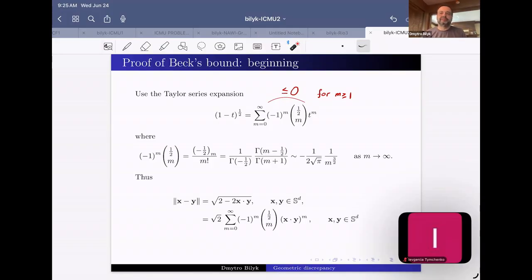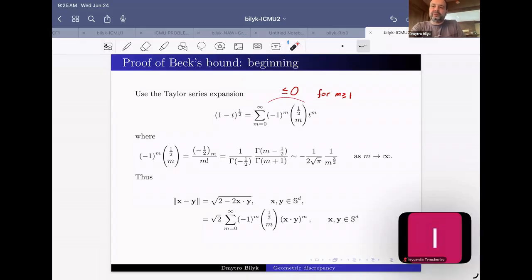All of the coefficients in front of powers of t are going to be non-positive. It's very easy to check. I'm not going to do it. You can probably see it right away. If it were 1 plus t, they would be sign alternating. So these coefficients can be computed explicitly.